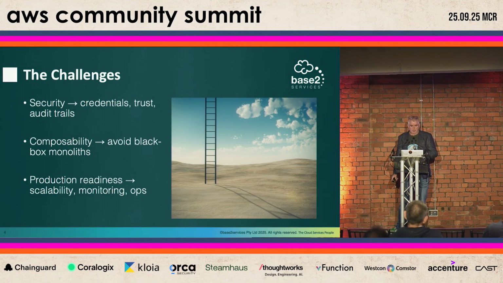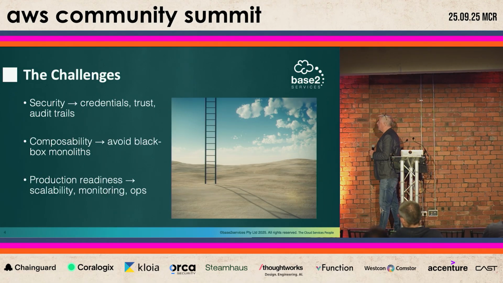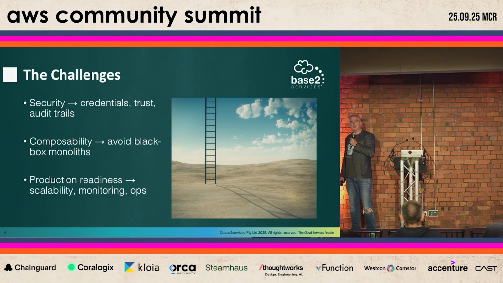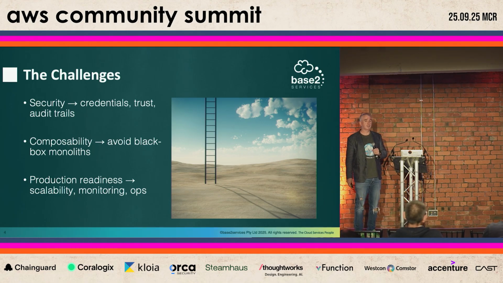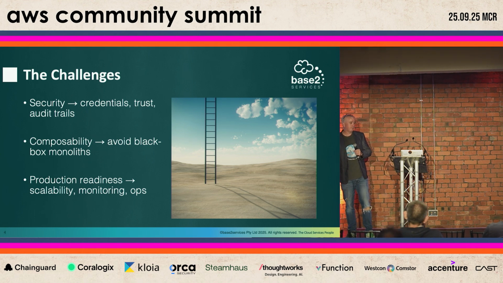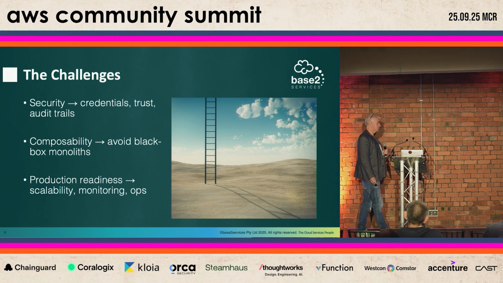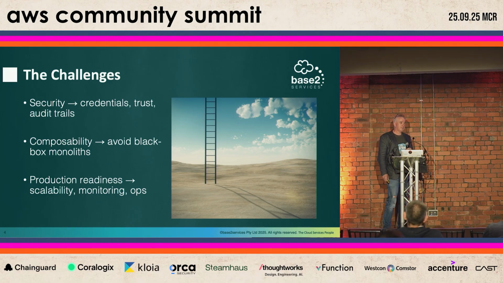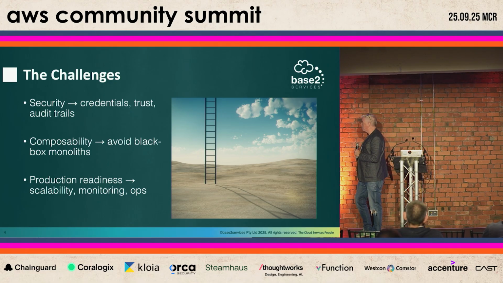So what about the challenges in building agents? One of the biggest challenges is, how do we make sure that what we're doing is secure, right? A lot of us are working with coding assistants, and we give the coding assistant our GitHub credentials, right? We're giving a certain level of trust, so you have to build that trust.